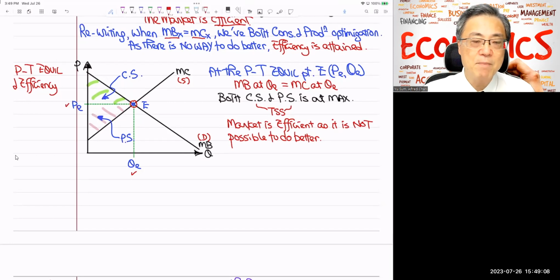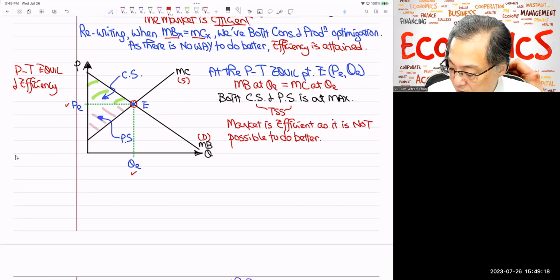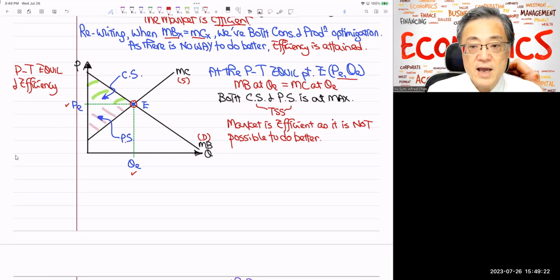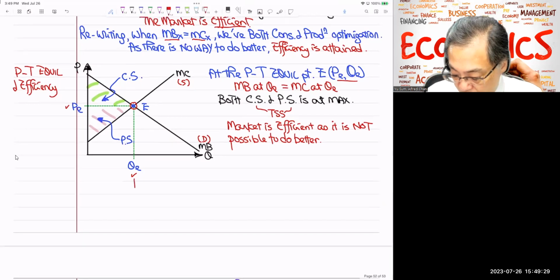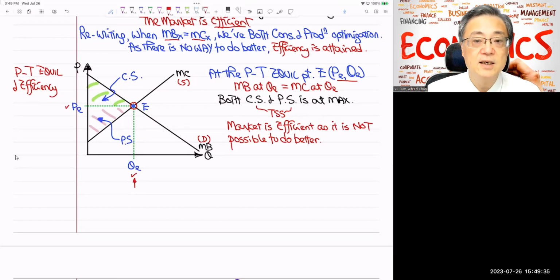So what happens at point E under marginal analysis? At the price-taking equilibrium point E, MB, marginal benefit at QE, this output level, is equal to exactly MC at QE.